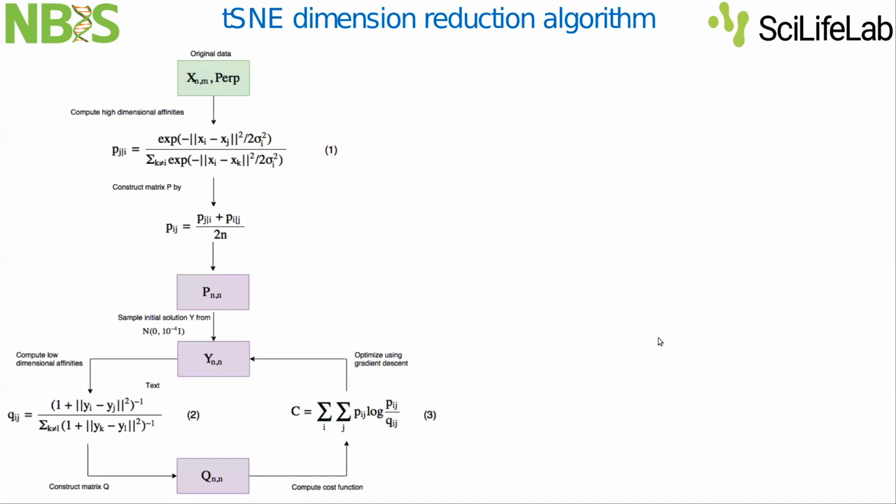Here it's a little bit more mathematics. The high-dimensional probabilities are defined through this Gaussian kernel. It's basically a Gaussian exponent, and in the power of the exponent are the distances between all pairs of points. Please keep an eye on this sigma squared in the denominator of the exponential power. This is related to a hyperparameter called perplexity.